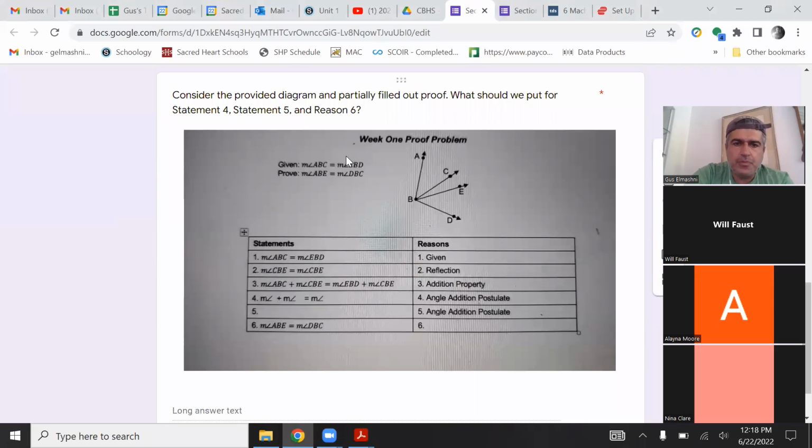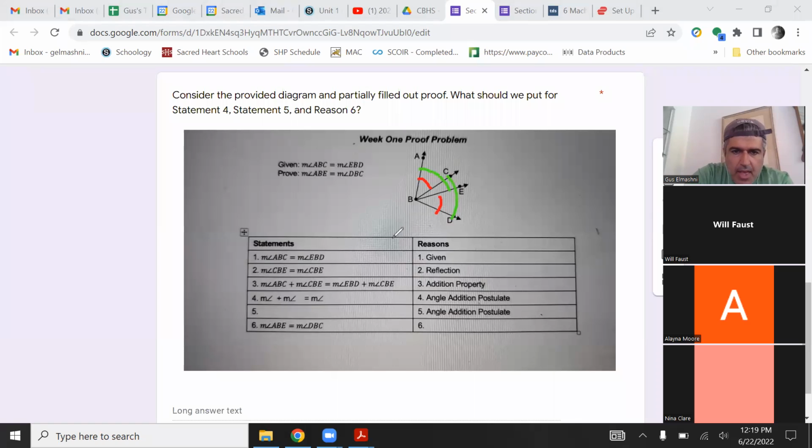So you're told that angle ABC is the same as angle EBD. And obviously CBE is right in the middle. So if you think about it, all this would equal all this, right? Because your CBE is the same for both. So they state the given, okay? They say CBE equals CBE, duh, everything equals itself. And then you add CBE to both ABC and EBD. That's what they did here, so addition property of equality.